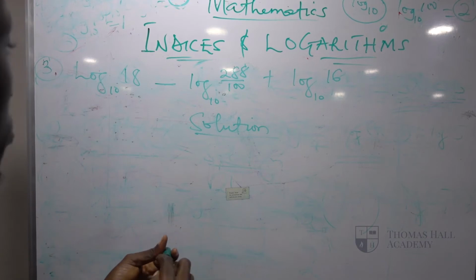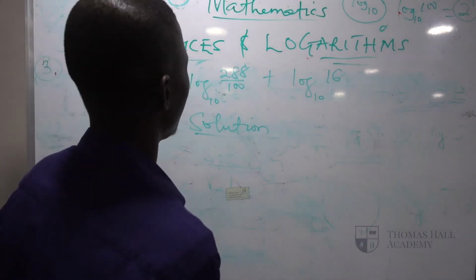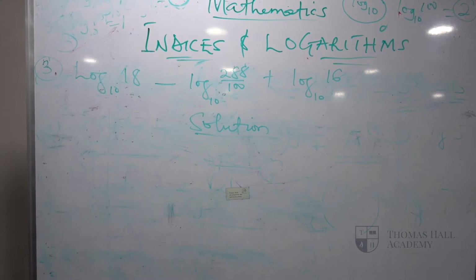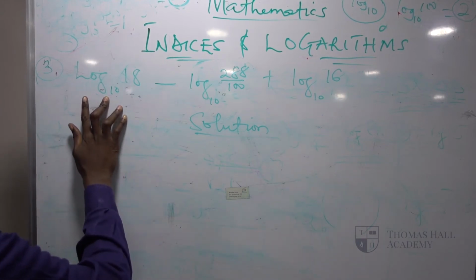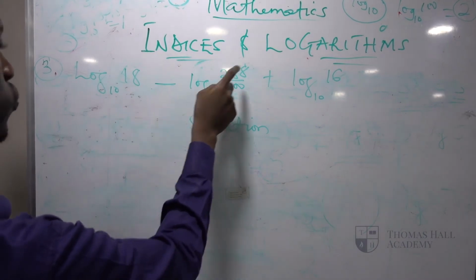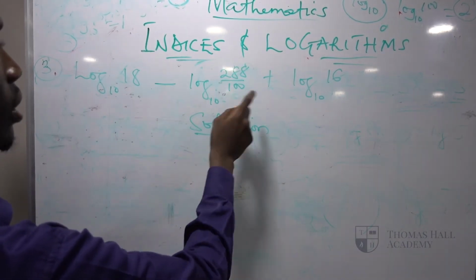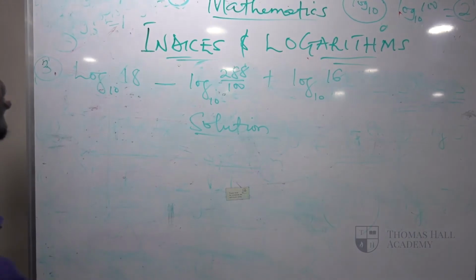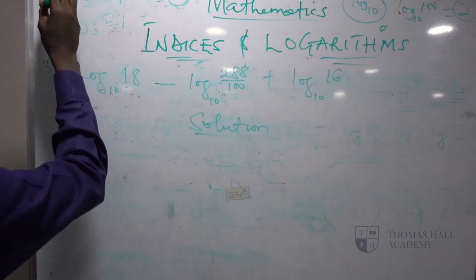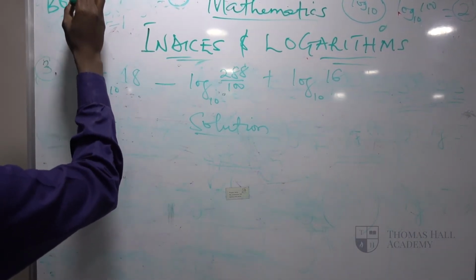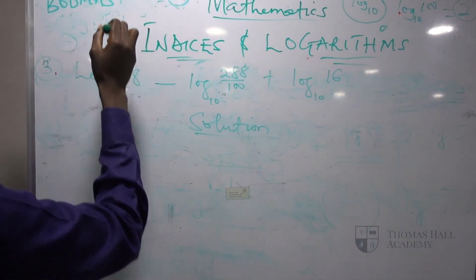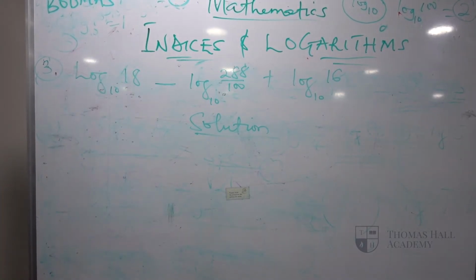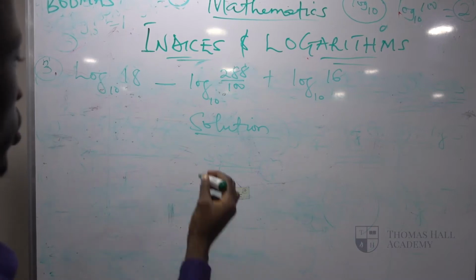When you see this kind of question, don't look at it as though it's going to be difficult. Your ability to simplify them will make it easier for you to solve. Now, log 18 base 10 minus log 288 over 100 base 10 plus log 16 base 10. Don't forget BODMAS: brackets, of, division, multiplication, addition, and subtraction.